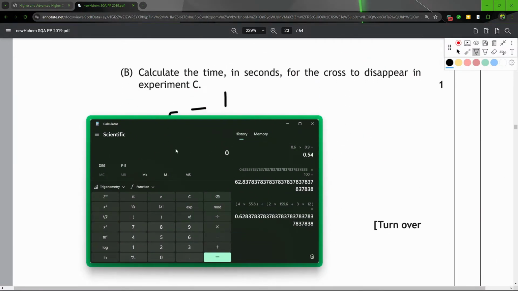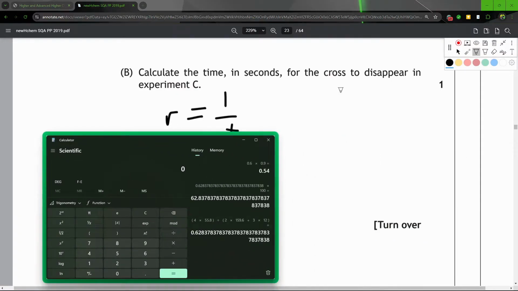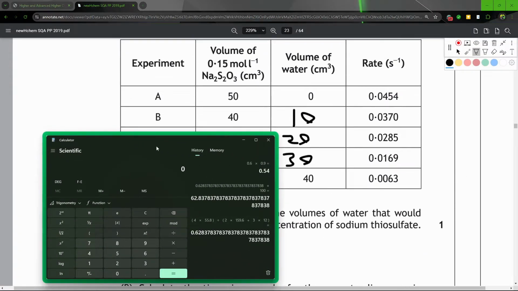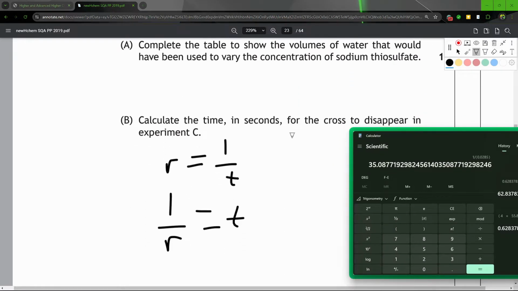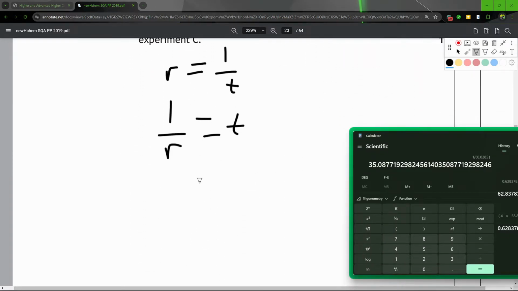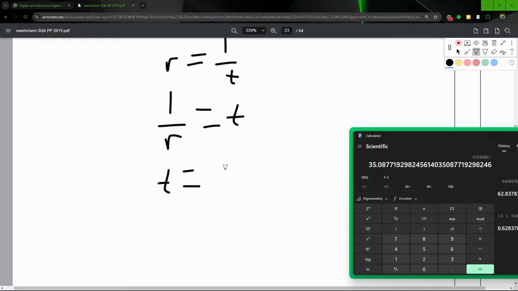Experiment C is this one. We have 0.0285, and then all I'm going to do is invert it, and we're going to get 35.08. I'm going to round it to 1 decimal place, so it'll be 35.1 seconds.